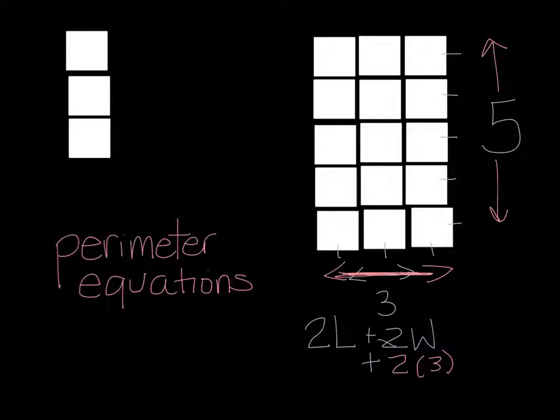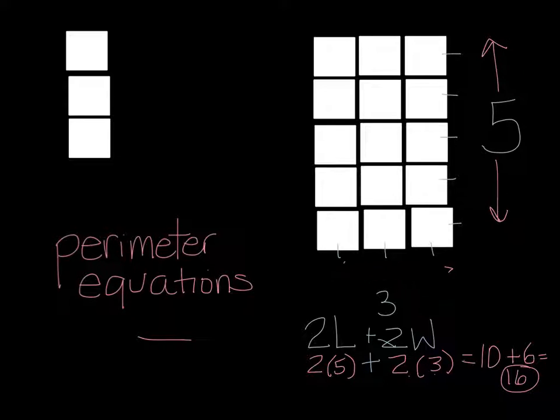So instead of my L, I'm going to put a 5. So now when you just solve it, 2 times 5 is 10, plus 2 times 3, which is 6, and I get a perimeter of 16. Okay. All right, so we got that.